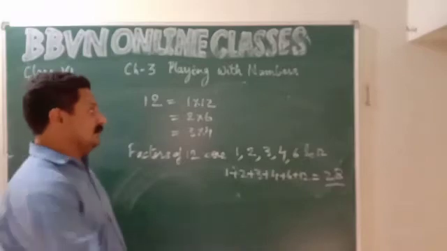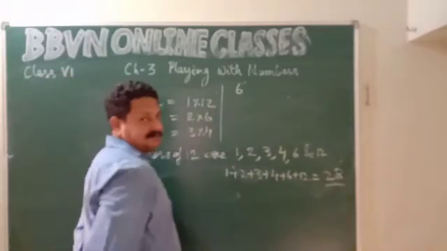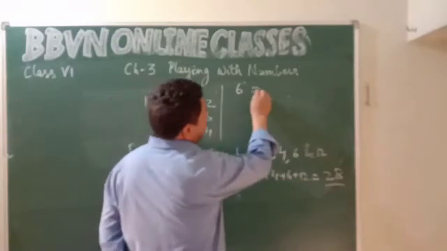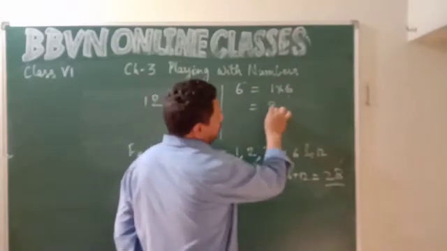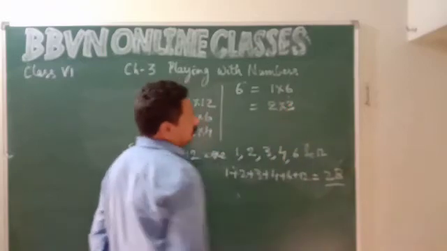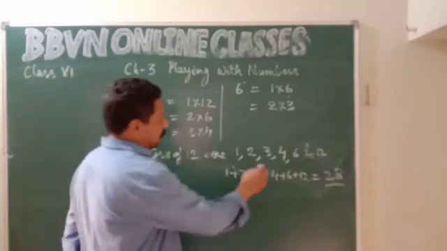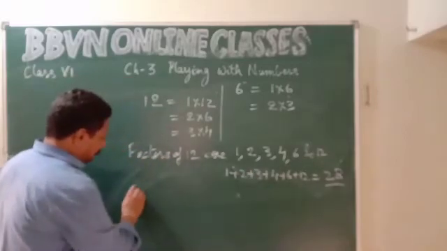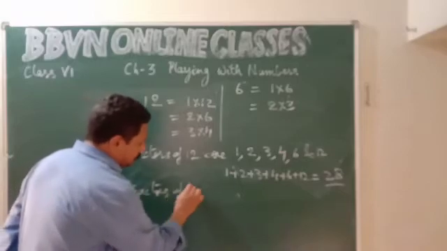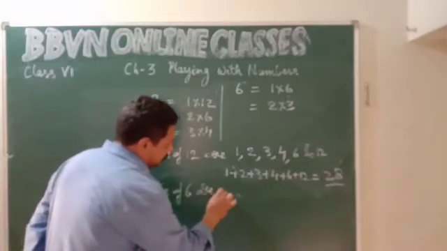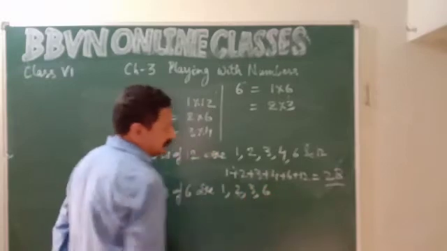Okay, let's consider one more example. I'll take number 6. So 6 can be written as 1 into 6. Also I can write it as 2 into 3. There is no other way to write 6. Okay, so factors of 6 are 1, 2, 3, 6.